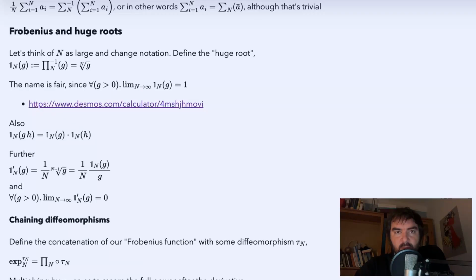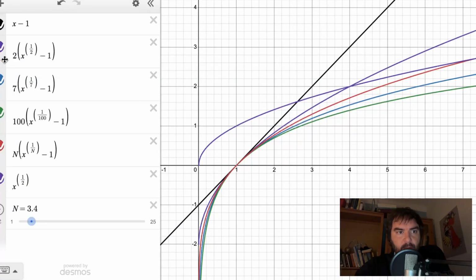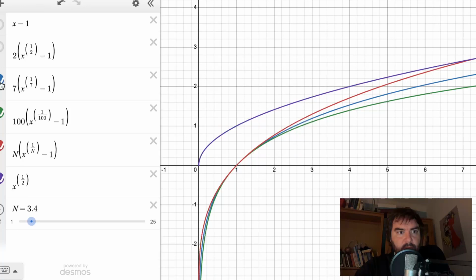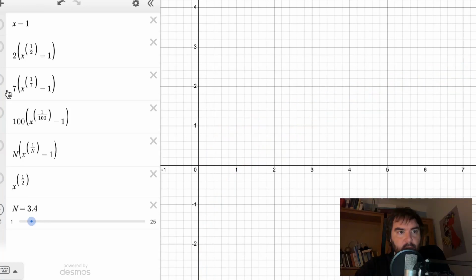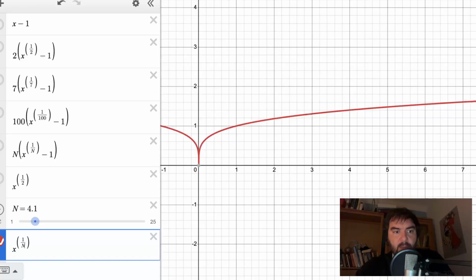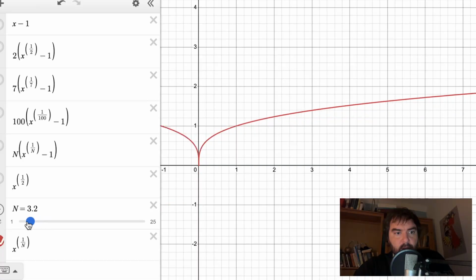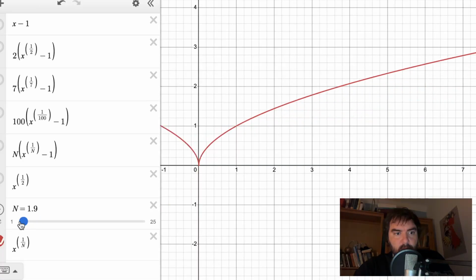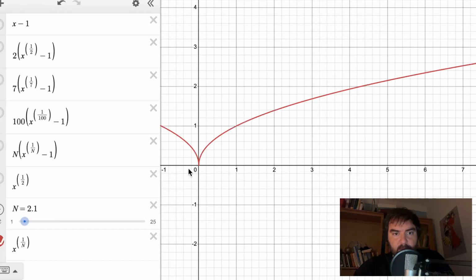I have a Desmos plot open here. Ignore for the moment everything except the... Oh, I have not even edited. Let me quickly. So I write x to the power of 1 over capital N. This is just a root function, right? So if I take this, this is the square root function, obviously.